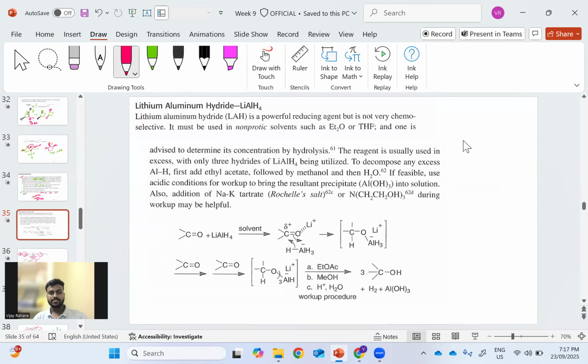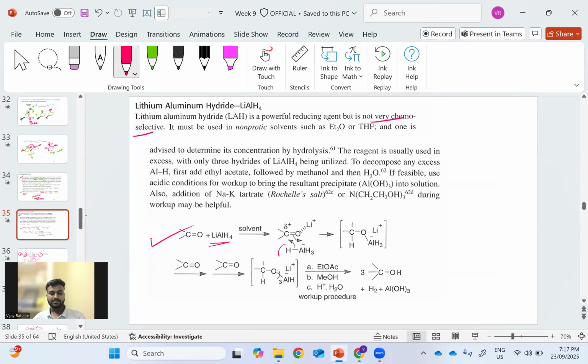This reagent is the most powerful reducing agent, and generally, as mentioned here, it does not give any chemoselective reduction. If you have a molecule which has an aldehyde, keto group, and ester group in the same molecule, all groups will get reduced by LiAlH4, and you can see the reaction mechanism.